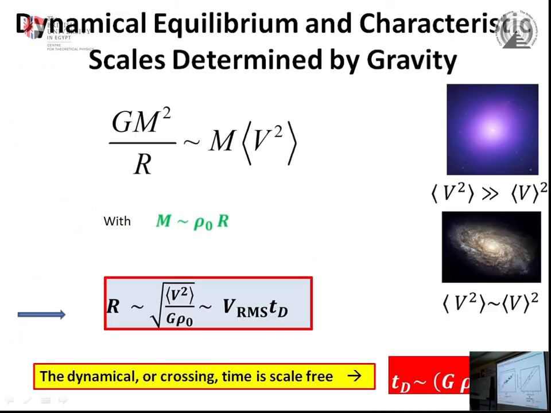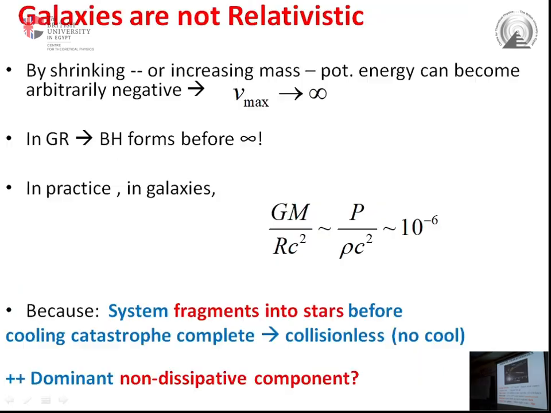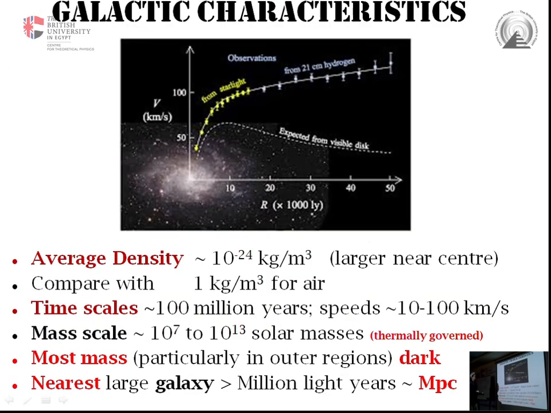Because if I fix my mass here, V squared goes as 1 over R, so V goes down as 1 over square root of R. It should go down, like Kepler's law. But it doesn't. It keeps on being flat, or sometimes, as in this galaxy, increases. So we think there should be more mass.